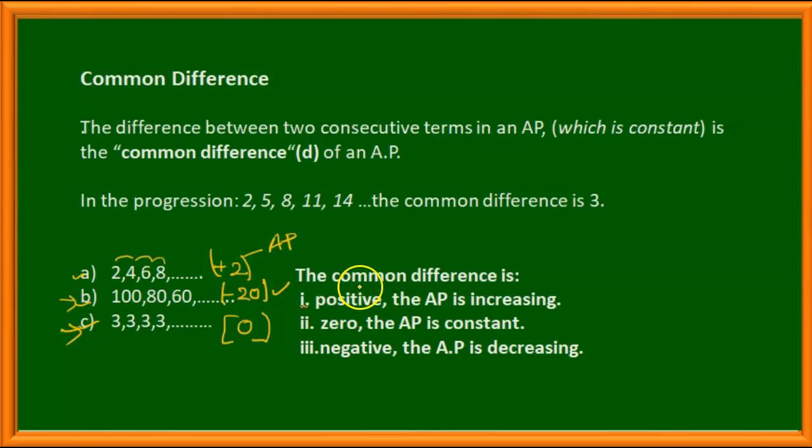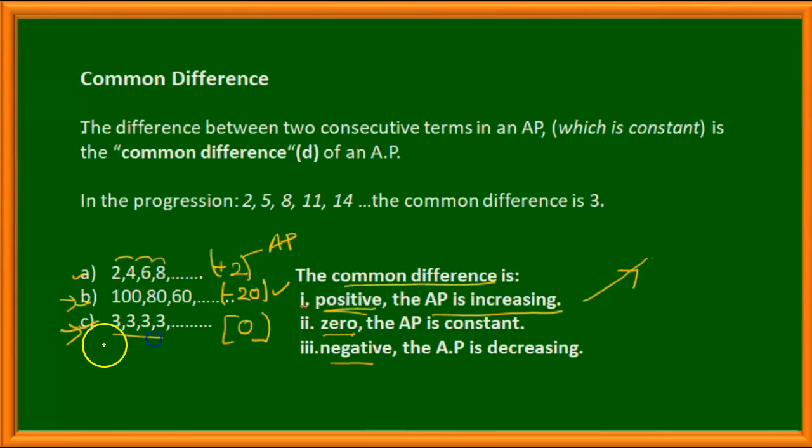From this we can conclude the common difference can be positive, 0 or negative. When it is positive, the AP is in increasing order. You can see in the first one, 4 is more than 2 and 6 is more than 4, so it is increasing. When the AP is increasing, the common difference is positive.